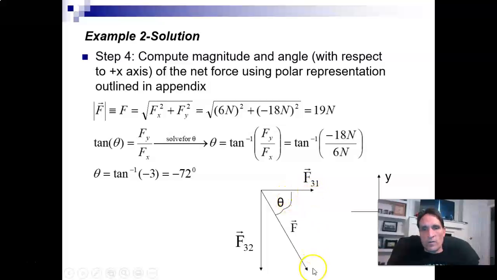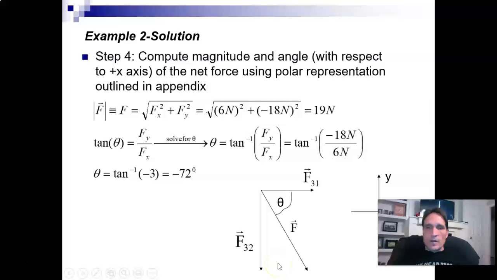Tangent is opposite over adjacent, which is the y component over the x component, and that's negative 18 newtons over 6 newtons. And when you hit inverse tangent, you get a negative angle, but it's 72 degrees. Negative means clockwise if we start along the positive x direction. Okay, so the force is 19 newtons, and it's pointing 72 degrees clockwise from the positive x direction.